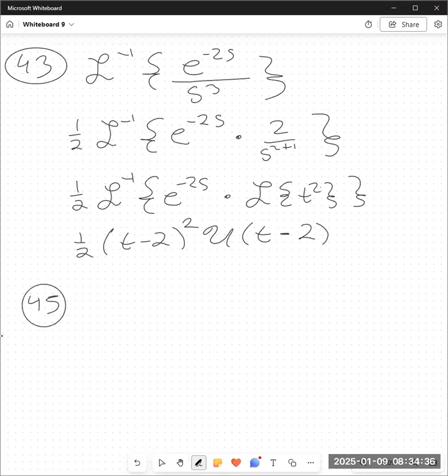45. Inverse Laplace transform of e to the negative pi s over s squared plus 1.